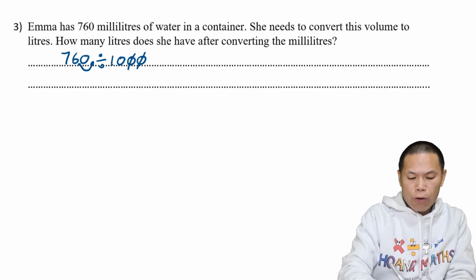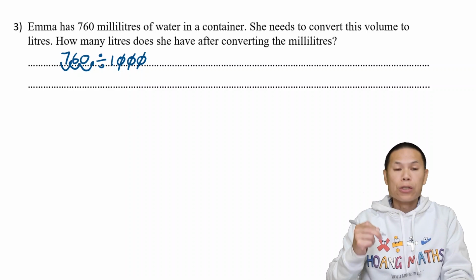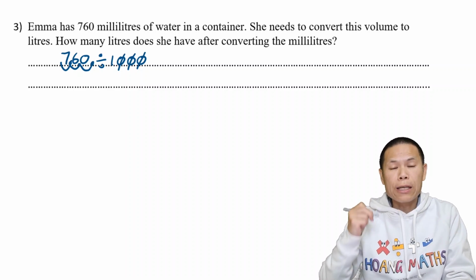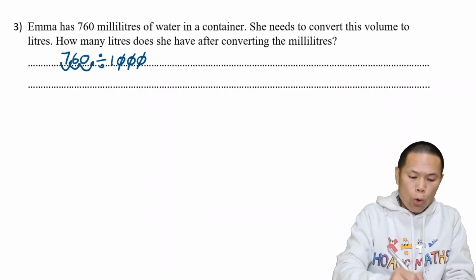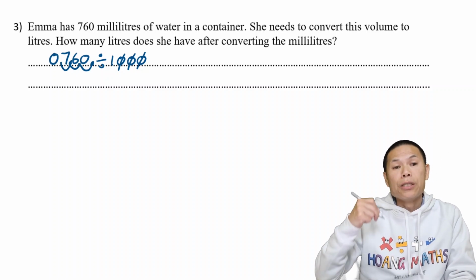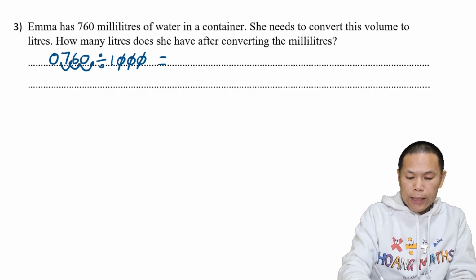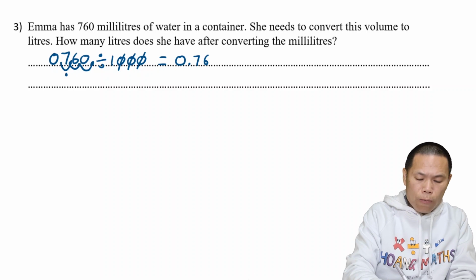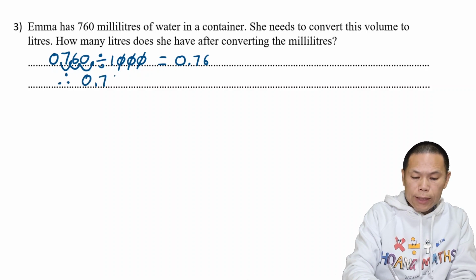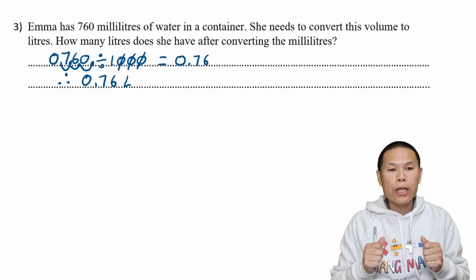We cancel this 0, we move 1. And we cancel this 0, we move 1. So that becomes 0.76 divided by 1. Of course, I can put a 0 in front here. So the answer is 0.76. So therefore, 0.76 liters. So there you go. I hope you got it correct.